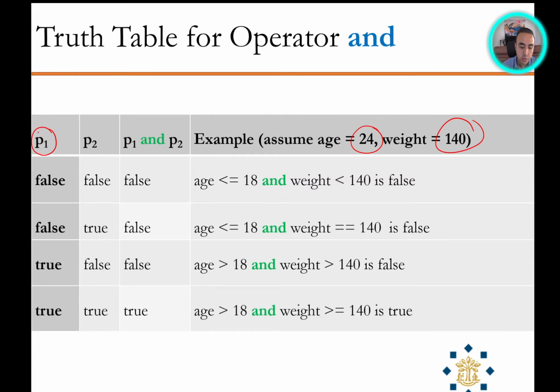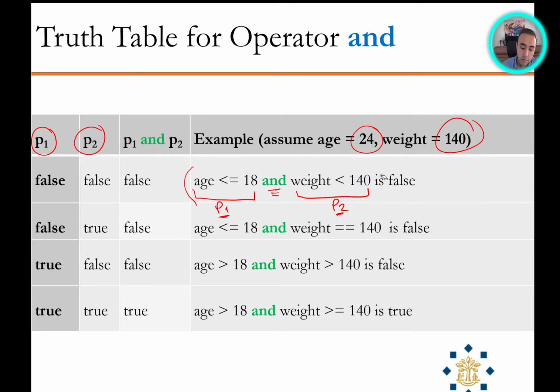We have the two propositions, P1 and P2. AND means that they both have to be true, such that the compound proposition is also true.